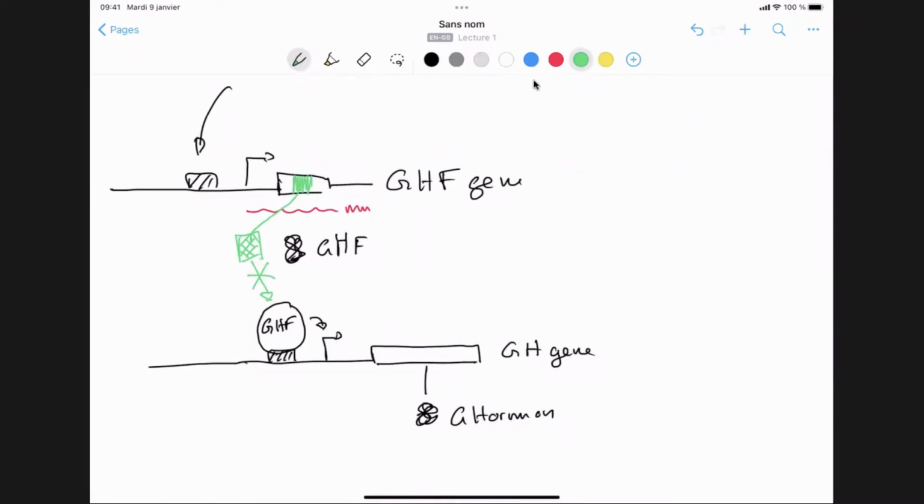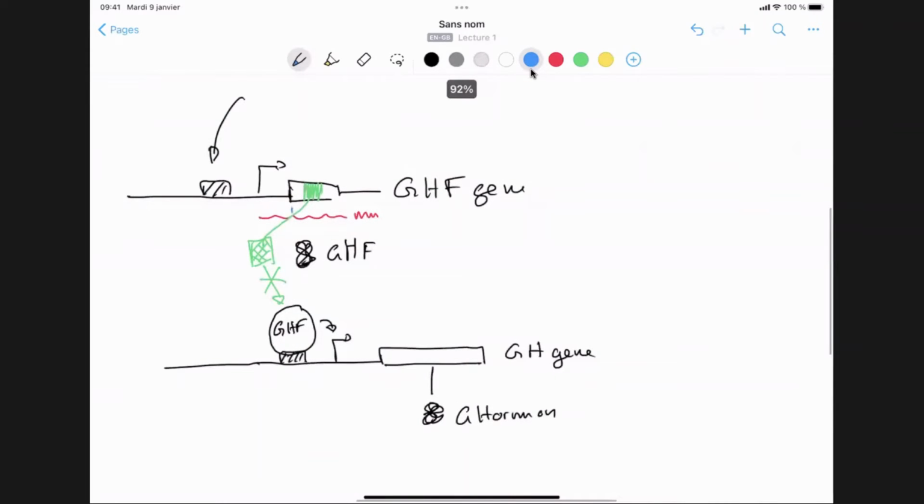But there is a third possibility that I'm going to write in blue: GHF is completely normal, the protein is completely normal and functional, no problem, but the mutation is coming from the sequence of the promoter of GH.